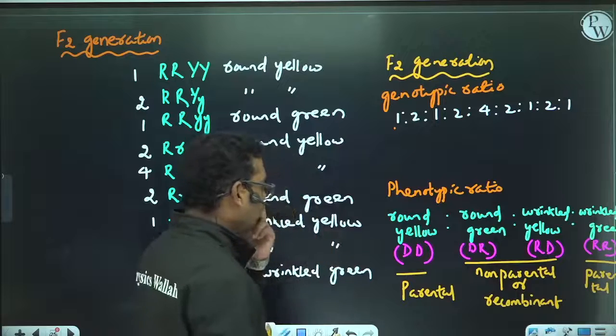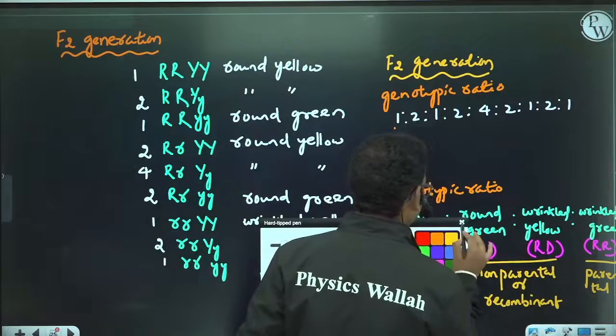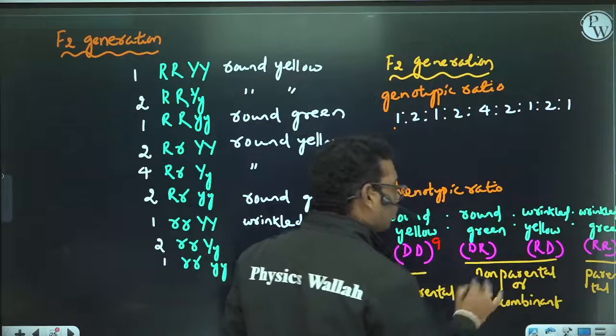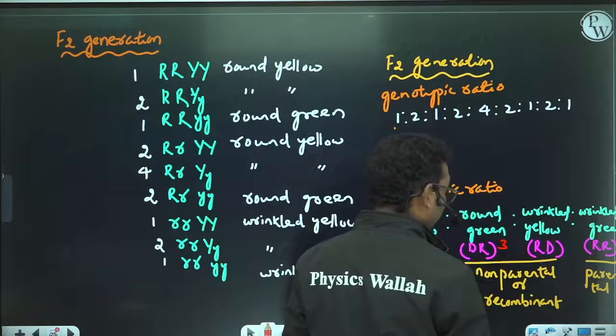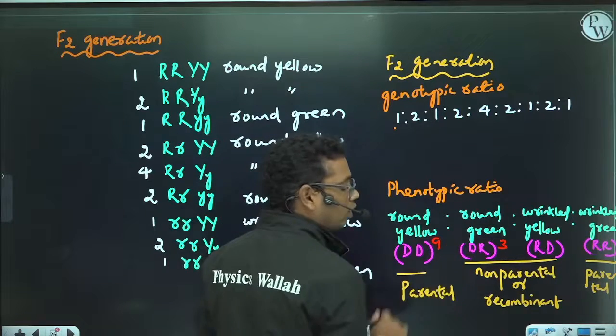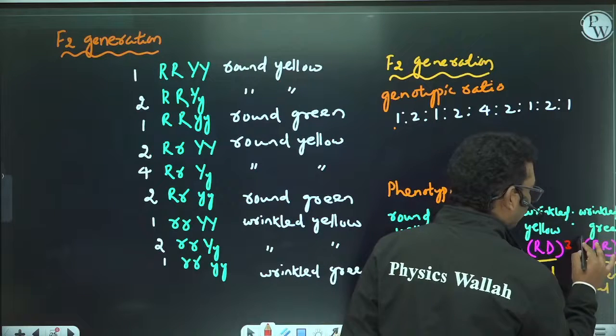So how many round yellow you are going to get? If you calculate here, you are going to get 9 round yellow. Round green you are going to get 3. Wrinkled yellow you are going to get 3, and wrinkled green you are going to get 1.